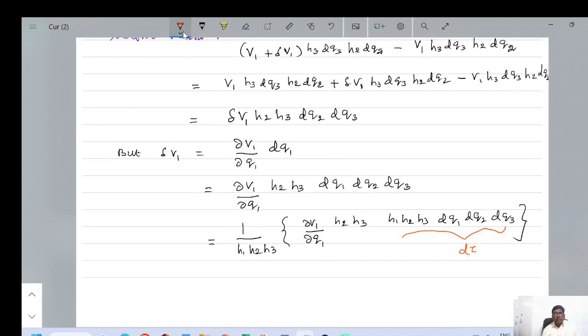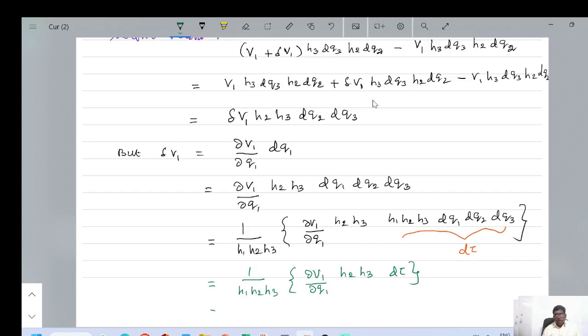Therefore, the above equation is modified as 1 by h1 h2 h3 into dou v1 by dou q1 h2 h3 into d tau.